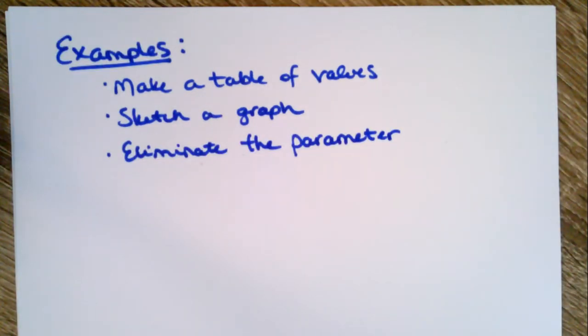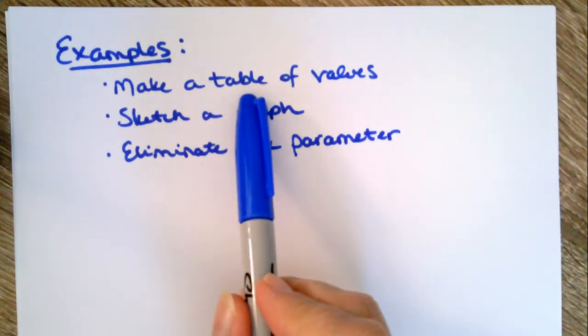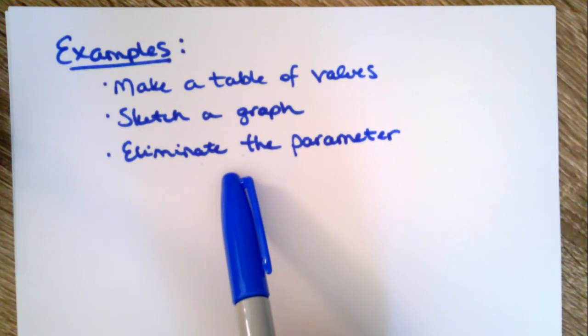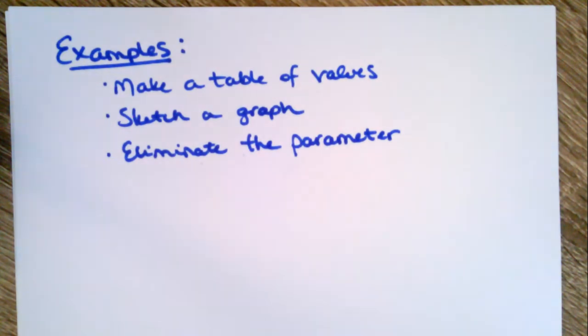So now we're going to look at a couple examples of parametric equations. For each of these examples, we're going to make a table of values. We're going to sketch a graph, and then we're going to eliminate the parameter to come up with an equation in terms of x and y that could be represented by the graph that we have.